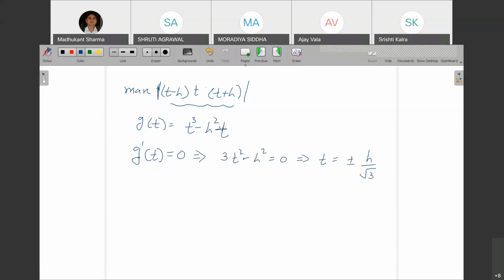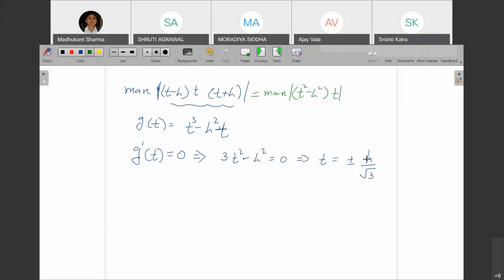Now if you look here, this is the maximum of t squared minus h squared times t. If you replace t by plus h by root 3 or minus h by root 3, the magnitude will make it positive, so it doesn't matter whether you check with h by root 3 or minus h by root 3.